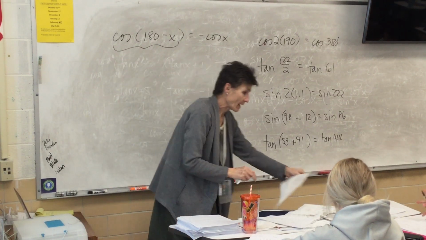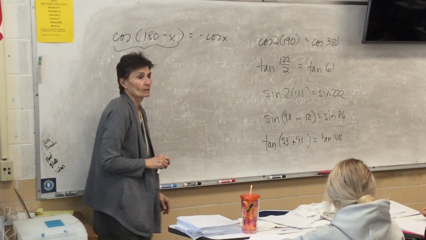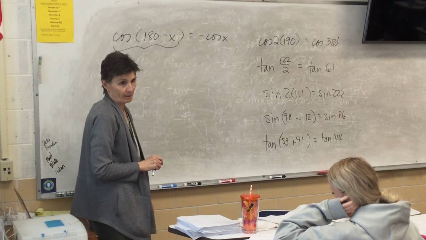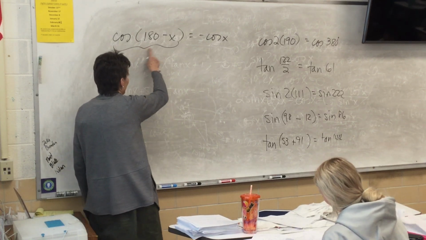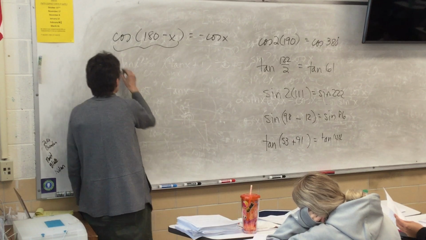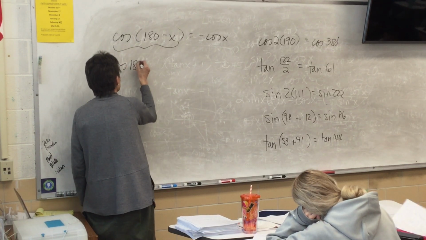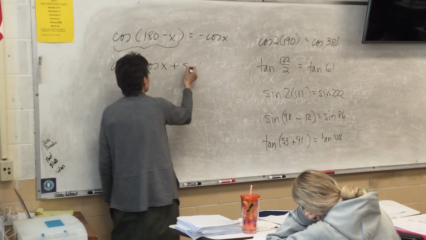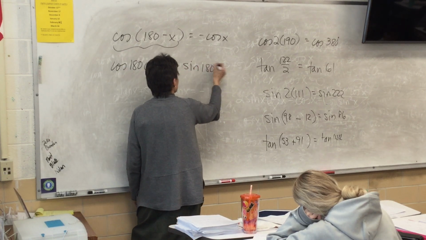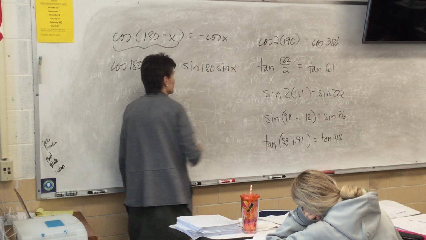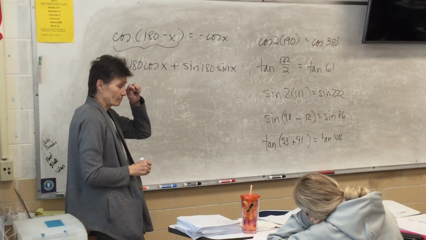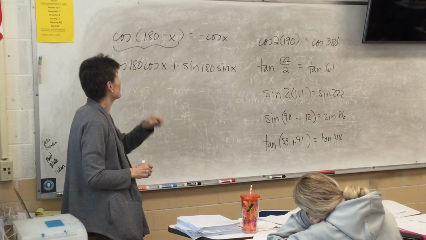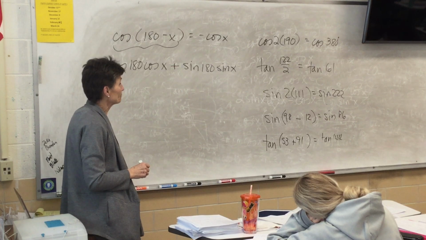What can I do with that? Use my formula, u minus v. So the formula says cosine of the first, cosine of the second, plus sine of the first, sine of the second. Cosine u minus v.